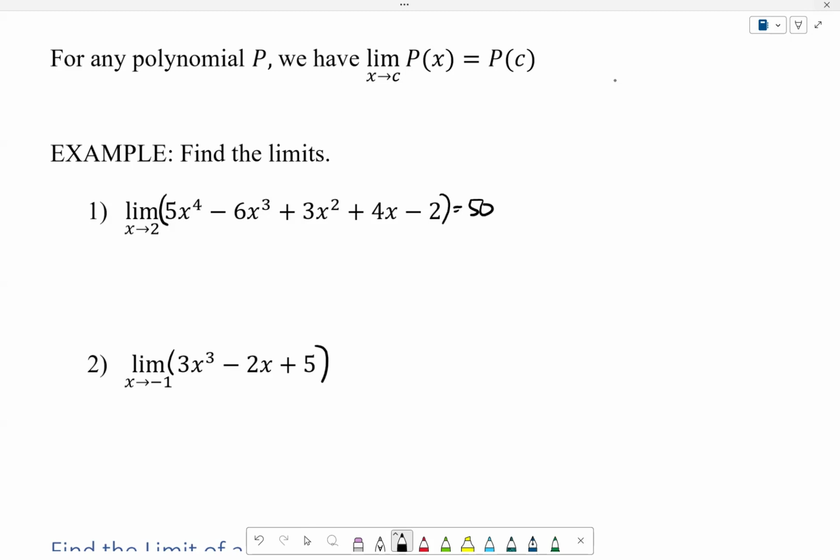I'll give you a hint. Blast from the past. The number that goes in the box is 2, like synthetic division.